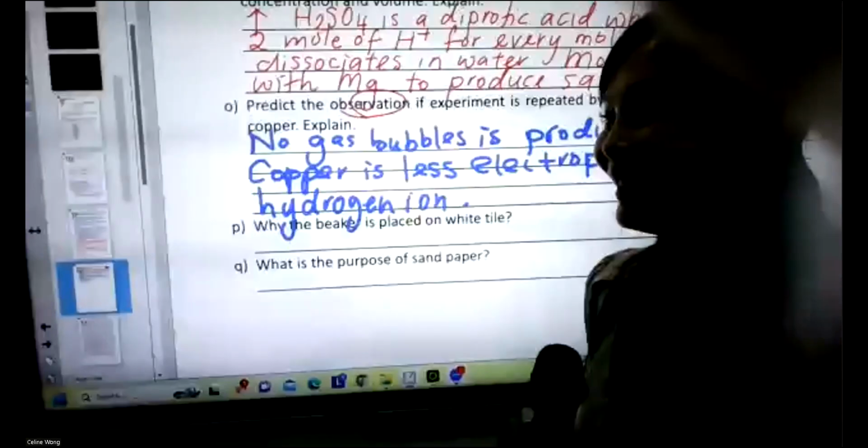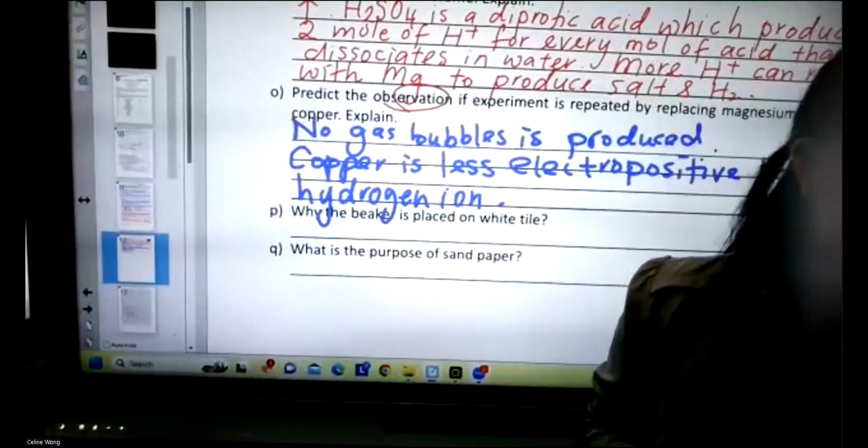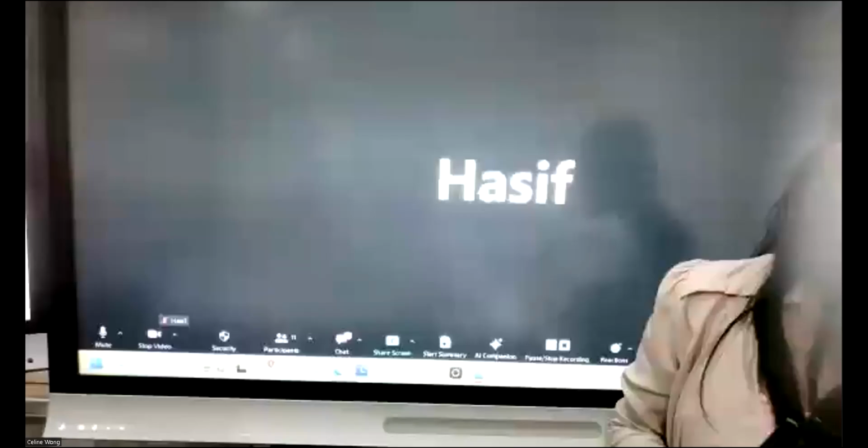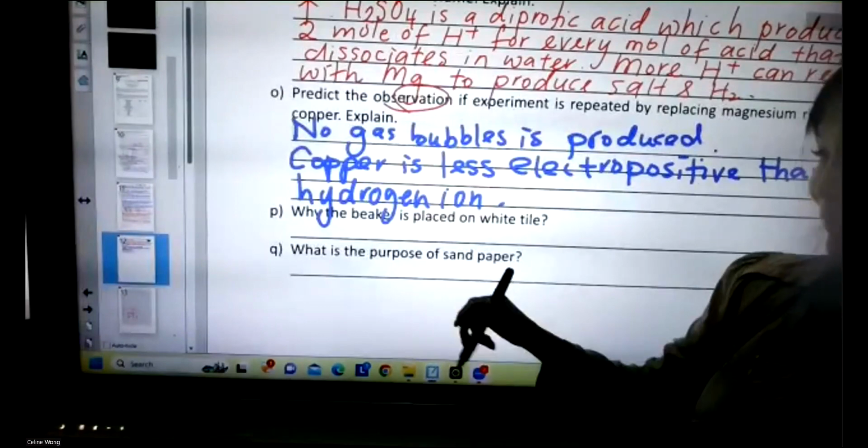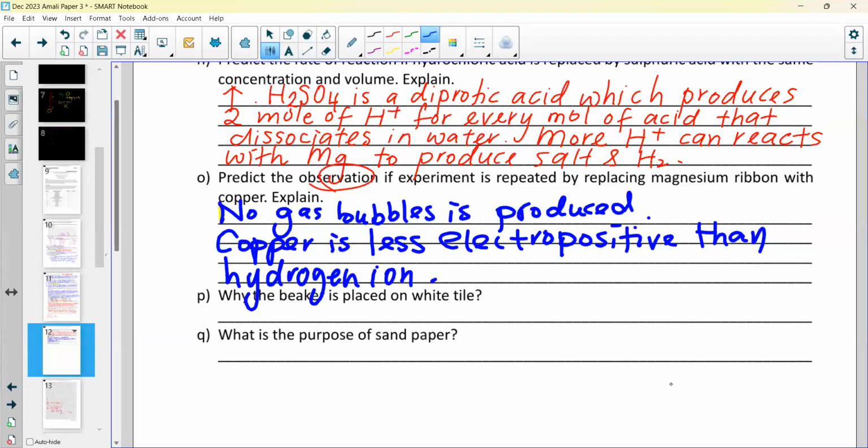Okay, why is the beaker placed on the white towel? Come on. Hey, why are we using white towel? Check just now. Justin, you sent to me on the list. Okay. Increase visibility. Okay, not bad, Gilbert.